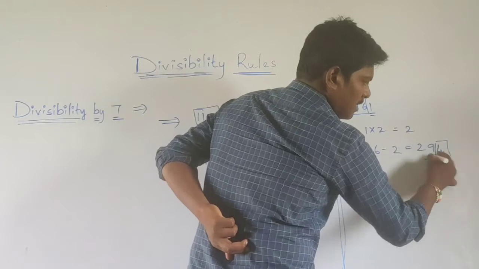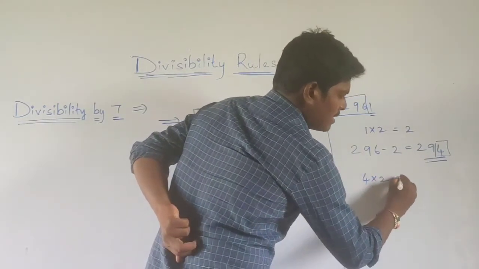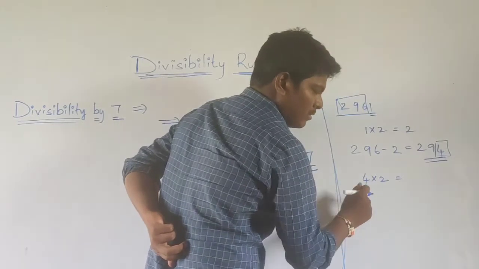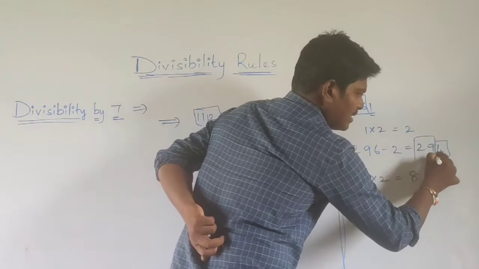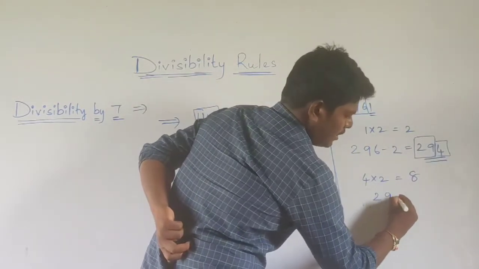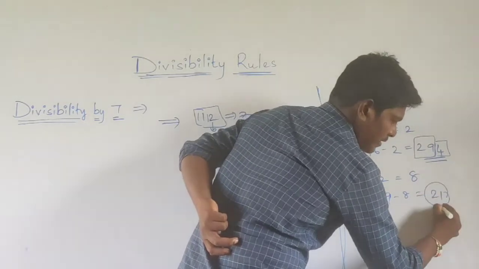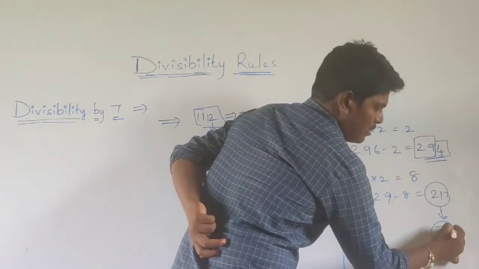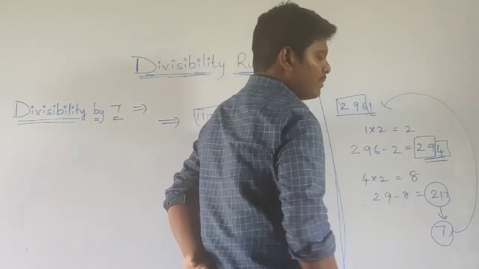We take the ones place digit, which is 4, and double it to get 8. The remaining number is 29. From 29 we subtract 8 and get 21. 21 is a multiple of 7, so this number 2961 is also divisible by 7.